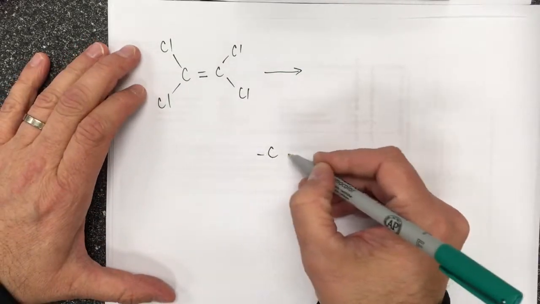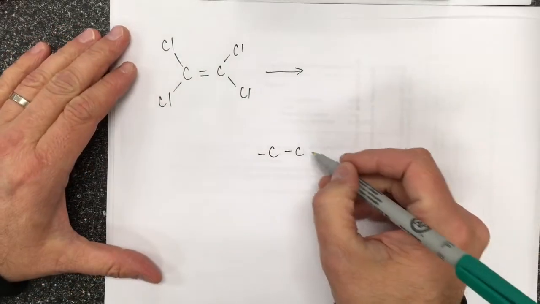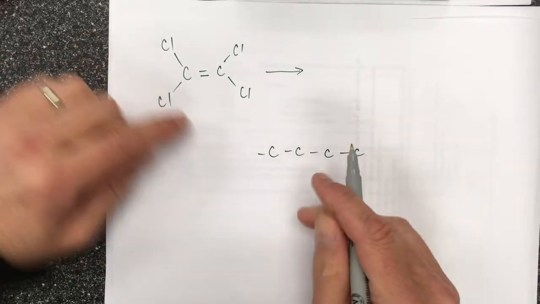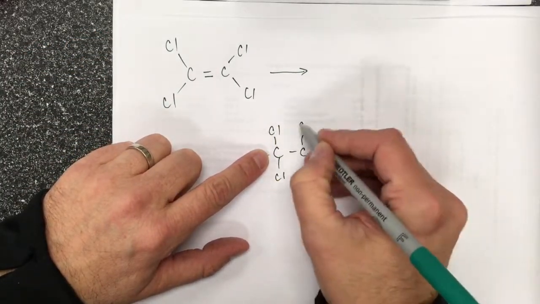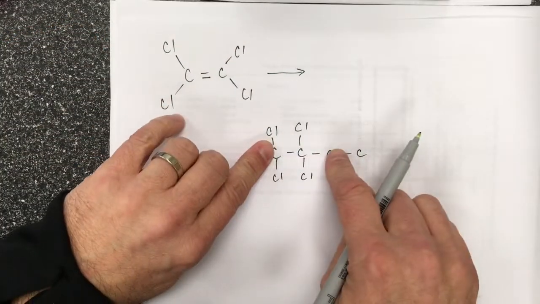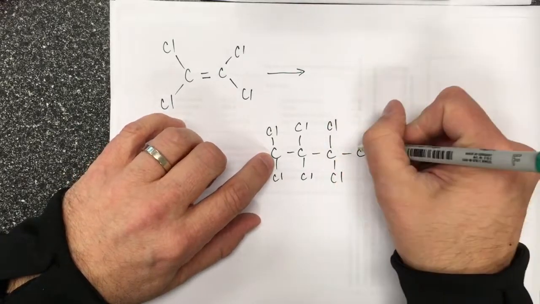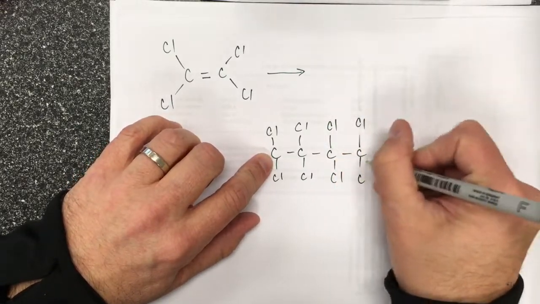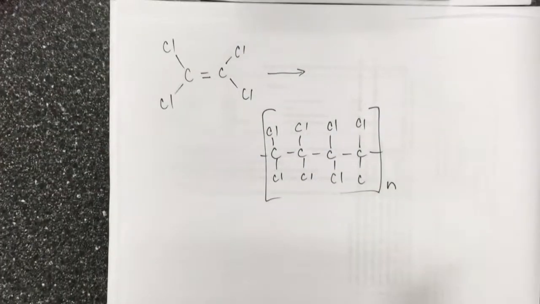And addition polymers end up breaking the double bond and just keep adding links after links. So if I've got my chlorine, chlorine, chlorine, chlorine from these, and then I add another one onto it, it breaks the double bond, but each carbon has a chlorine. And it'll keep doing that, repeating for as long as you provide more tetrachloroethylene.